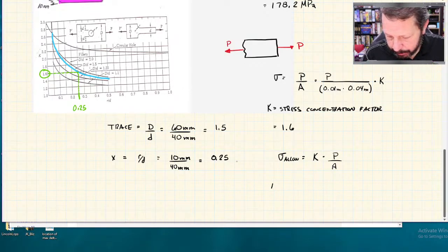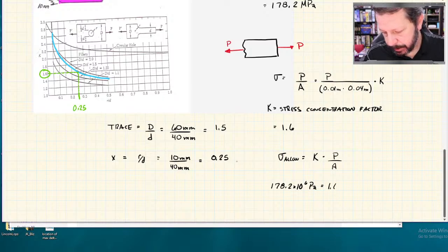I know my allowable stress is 178.2 times 10 to the 6 pascals. K appears to be 1.6. I don't know how much force I can apply. And my area, based on my geometry that the problem gives me, is that.